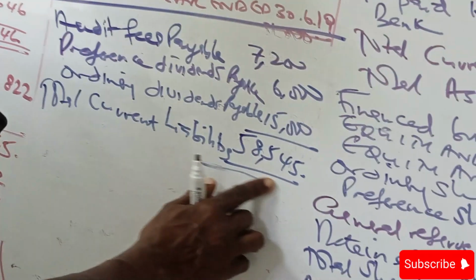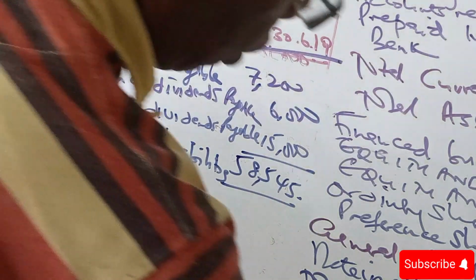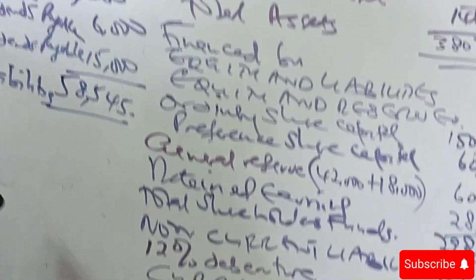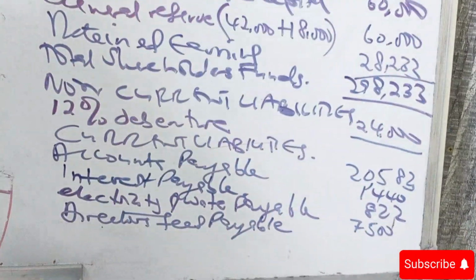So our total current liabilities is 58,545. If we now add the total non-current liabilities and the shareholders' funds, we will check whether they agree with the total assets.